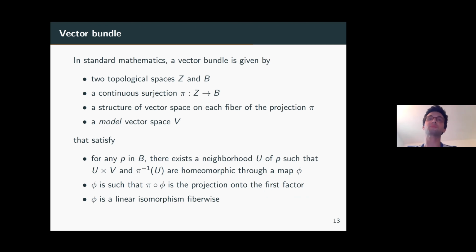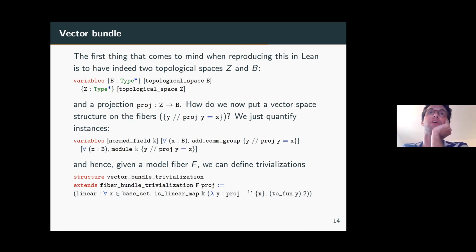There are many possibilities when it comes to formalizing vector bundles, but there is one choice which is closest to this definition, one choice which is more literal than other choices, and it consists in basically reproducing this definition word by word, translating things in type theory the simplest way.